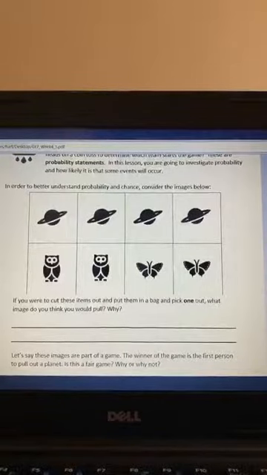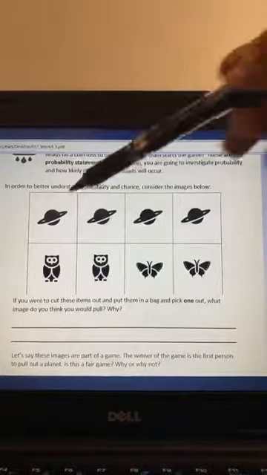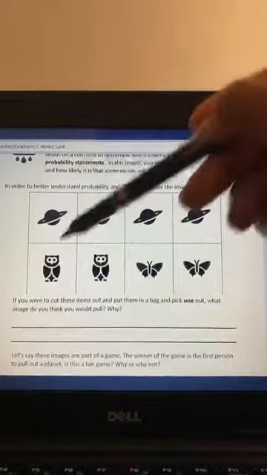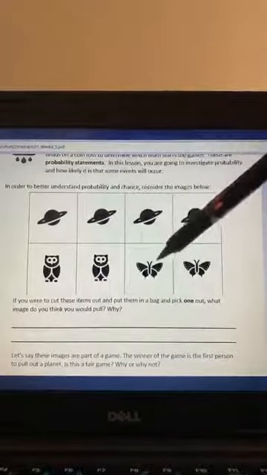Now, the question says, if you were to cut the items out and put them in a bag and pick only one out, what image do you think you would pull out and why? So in the comment section, I want you to tell me, would you pull out a planet? Would you pull out an owl? Or would you pull out a butterfly?